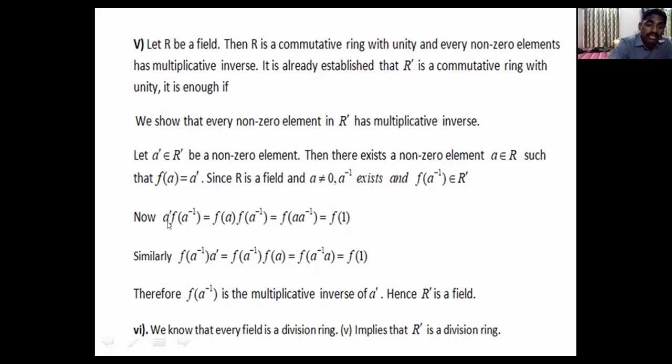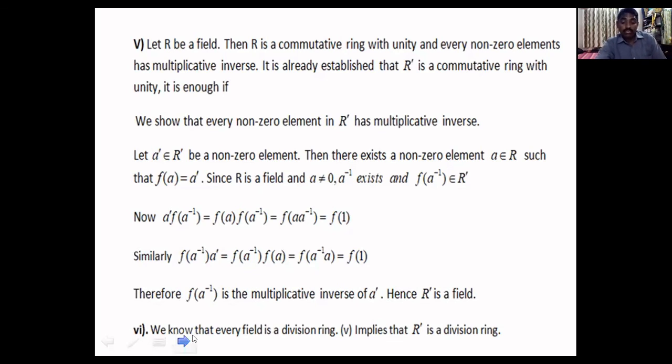Now consider A dash into f of A inverse, which is equal to f of A into f of A inverse. That is equal to f of A into A inverse, since f is a homomorphism from R into R dash. Therefore, f of A A inverse is equal to f of 1. Similarly, f of A inverse into A dash is f of 1. Therefore f of A inverse is the multiplicative inverse of A dash or f of A. Hence R dash is a field.